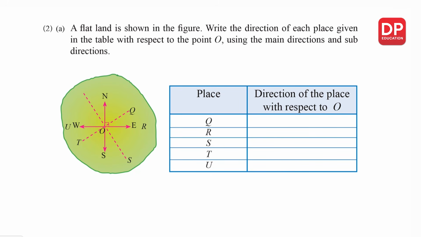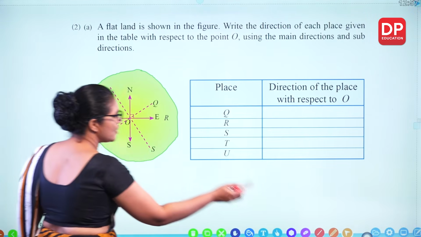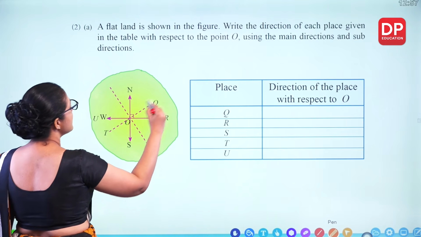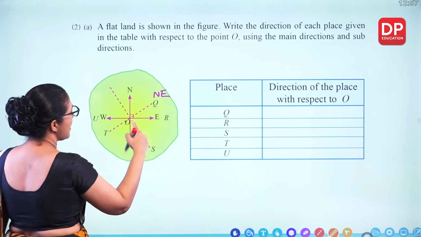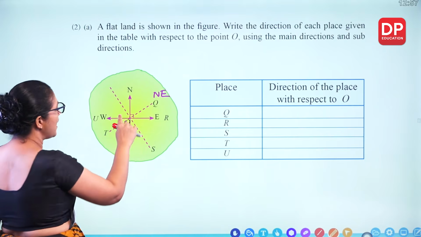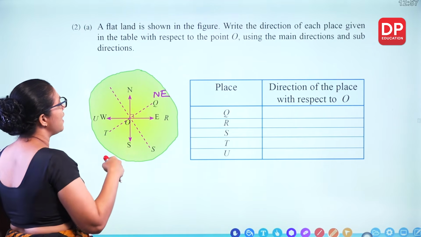Look at question number 2. A flat land is shown in the figure. Write the direction of each place given in the table with respect to the point O using the main directions and subdirections. So what is this side? If you take this side, this is northeast. Towards this side, you have to assume that this is halfway between north and east.